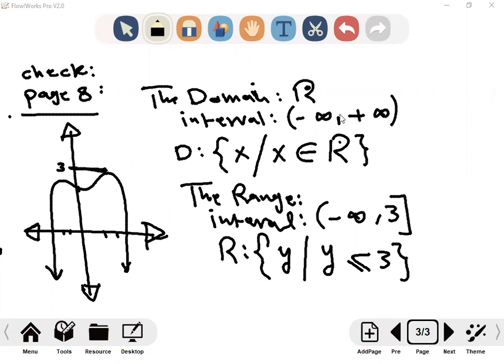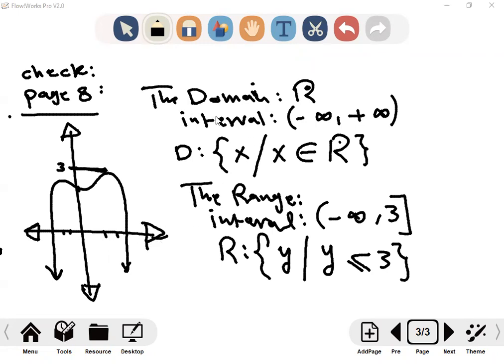Before we start with the intervals, we said infinity and negative infinity, we always write it with parentheses, not brackets. This, we call it what? Bracket. This, we call it parentheses. Don't forget. Now, here, x is the domain and y is the range. The curve covers all the values of x, right?